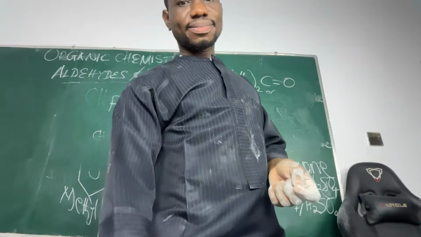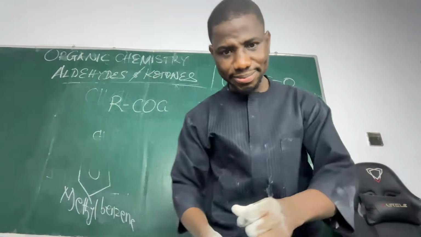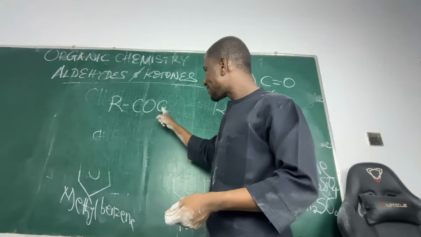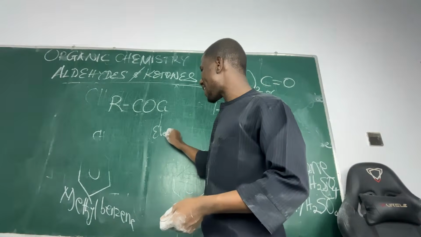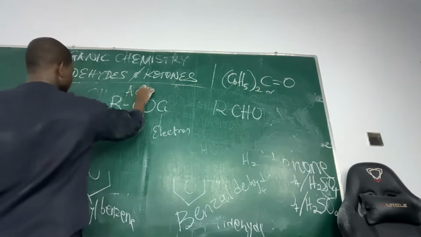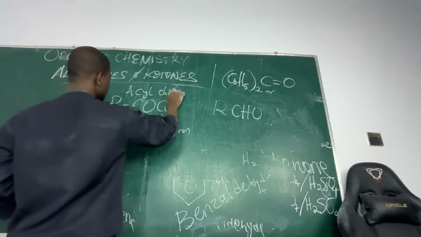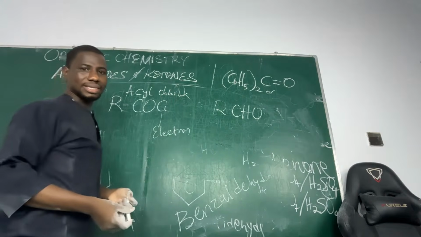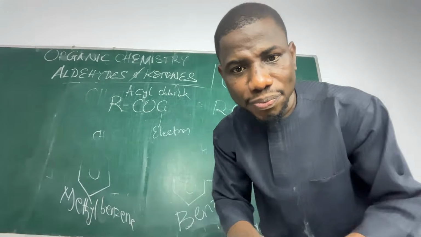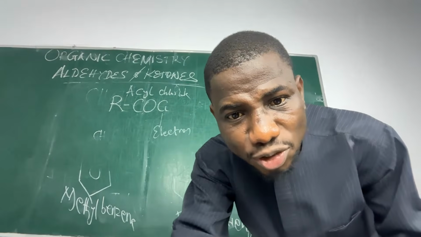Now, I want you to get to know something. Look at this, COCl. This Cl is an electronegative element. So this is an acid chloride. You can convert this to this.